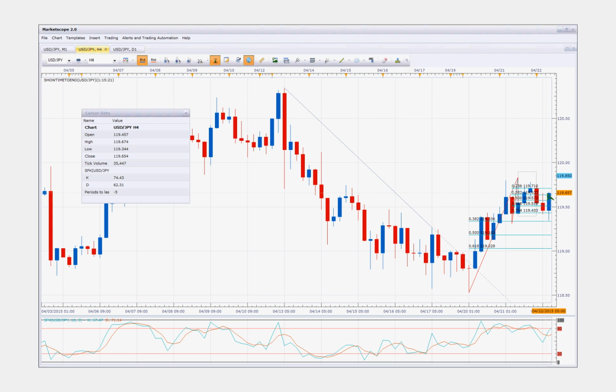But if T1 will be your 38.2, so if you're using supply demand, but let's just use the fibs just to make it objective. 38.2, 119.33. You didn't hit your target.